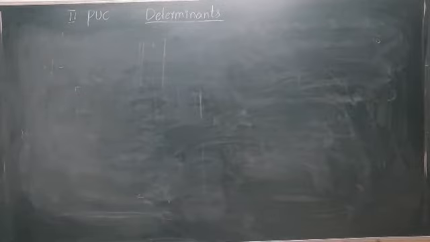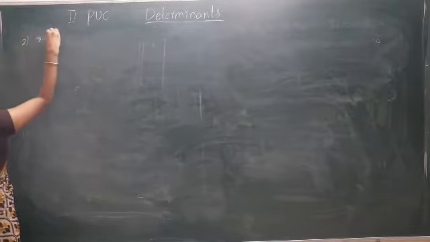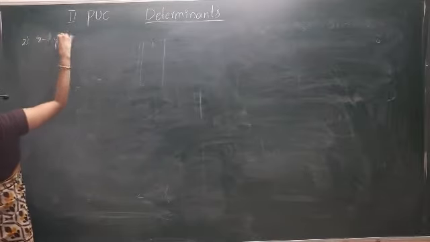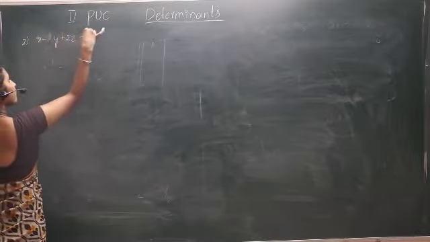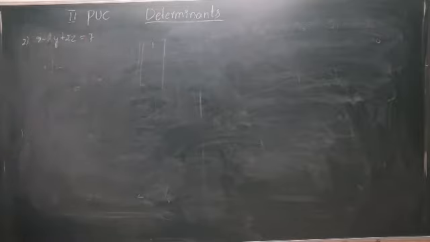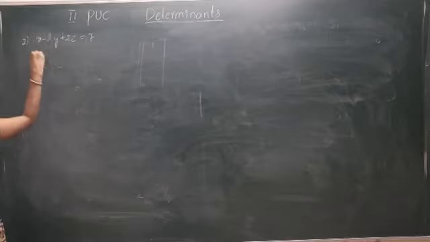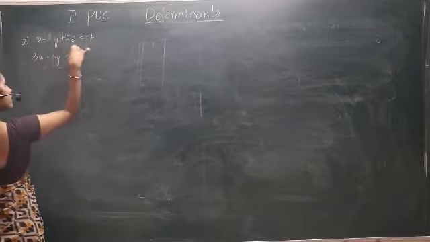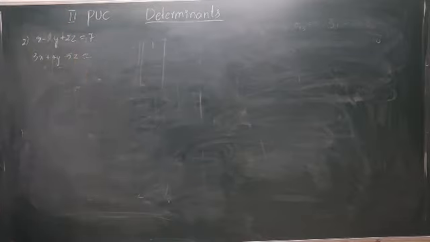Next one: x minus y plus 2z equal to 7. Then 3x plus 4y minus 5z is equal to minus 5.